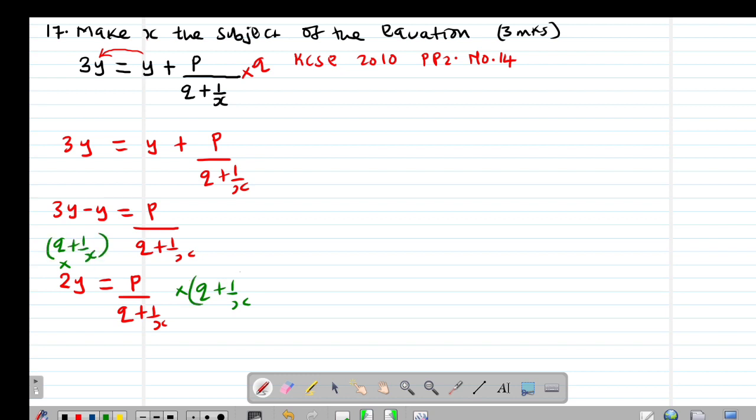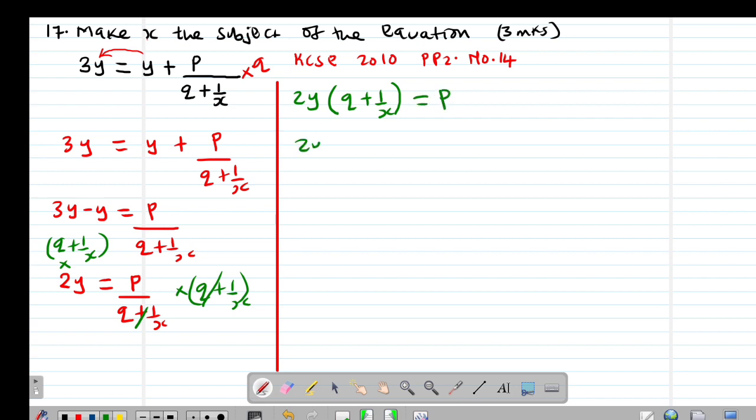So these two are going to cancel out, so that I'm going to remain with the following. Let me separate the working. I'm going to remain with 2y into q plus 1 over x, which should be equal to p. So this will be 2yq plus 2y over x, which is equal to p.